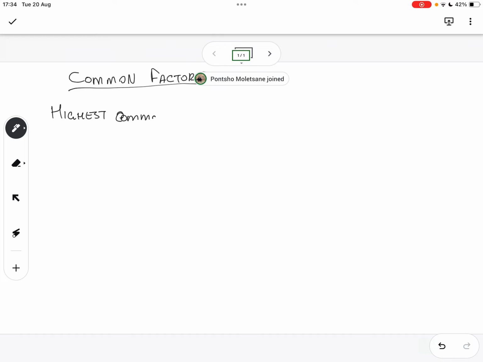Alright, cool. So take out the highest common factors in the expression. Let's look at the concept of highest common factor. Do you mind reading for us this part here?